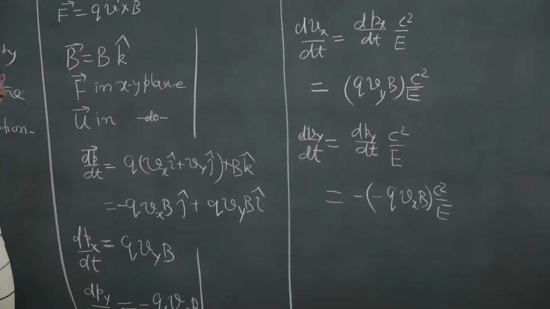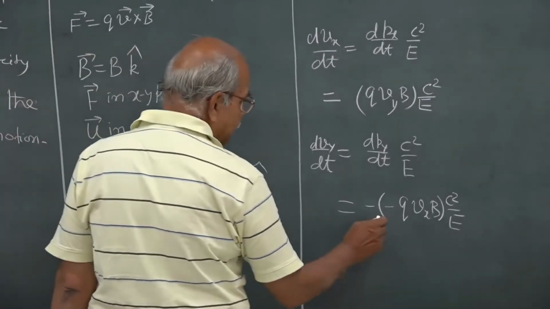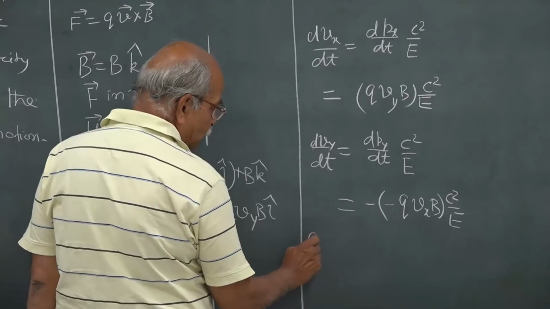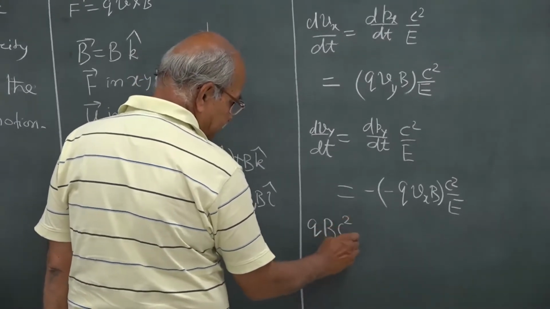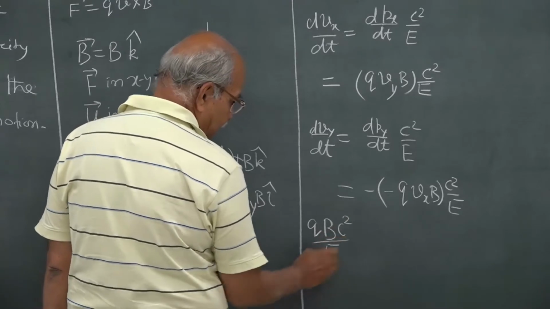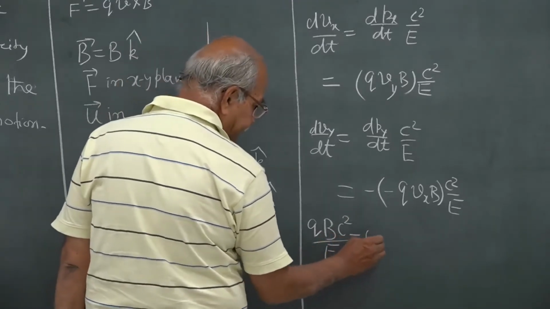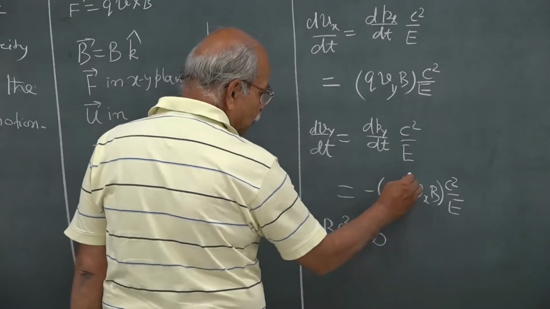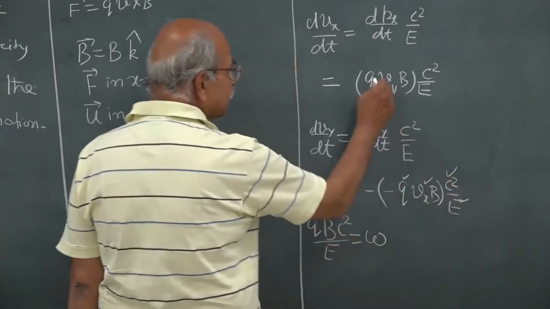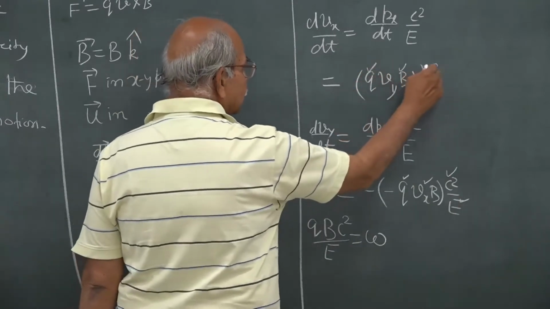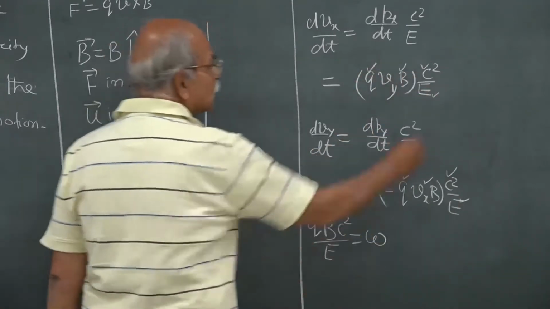So, now I have nice relations. I can write qBc²/E as omega. Same thing here, qBc²/E, I write this omega.